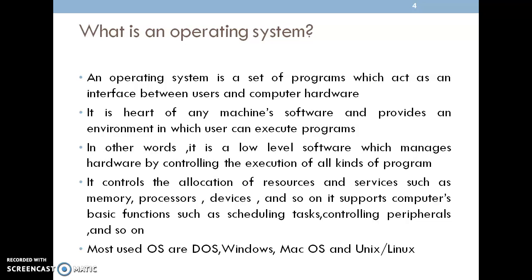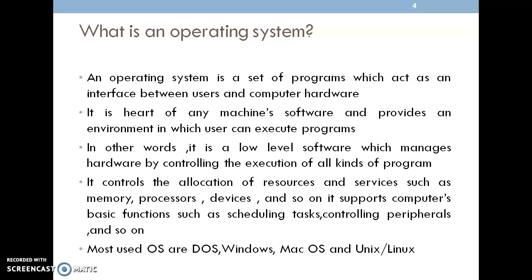It supports basic functions such as scheduling of tasks, meaning which task we perform first and which task we perform later, as well as controlling the peripherals. What are peripherals? Peripherals are nothing but the RAM, hard disk, processor, and many other necessary hardware features.